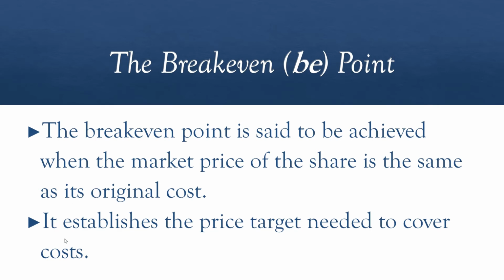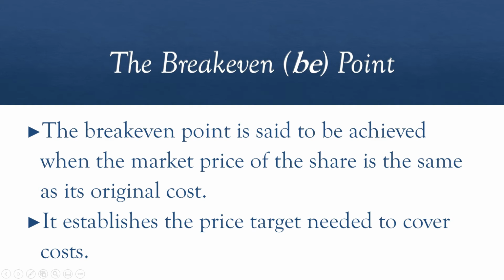It establishes the price target needed to cover cost. Faham? Maknanya harga yang you perlu untuk jual, untuk cover semua cost tersebut, cost belian dan juga cost transaksi. Baru betul, then only you know whether you make profit or loss. So remember break-even point.